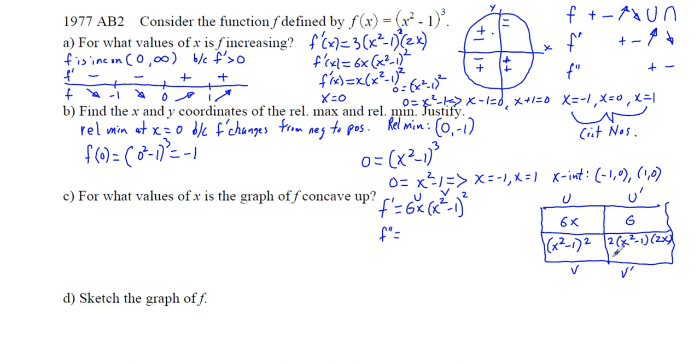So simplifying, we're going to get 4x times quantity x squared minus 1. Okay, u v prime plus v u prime.